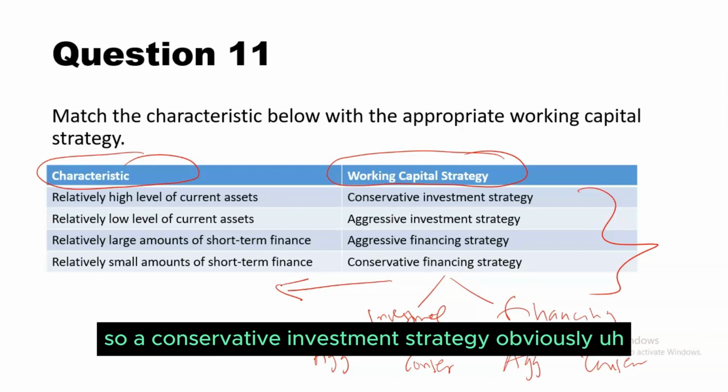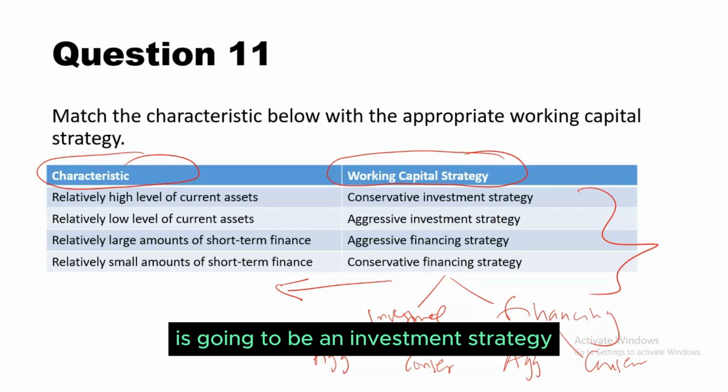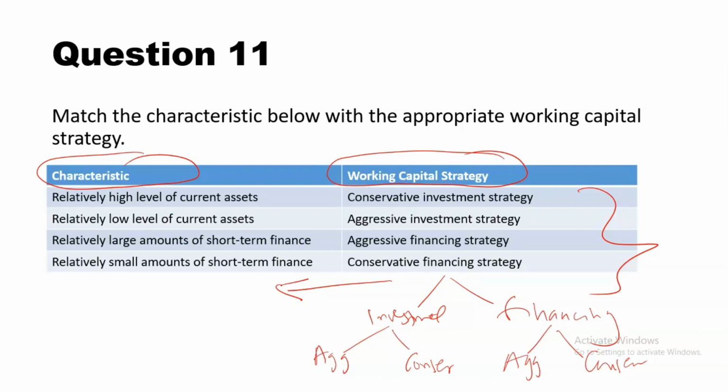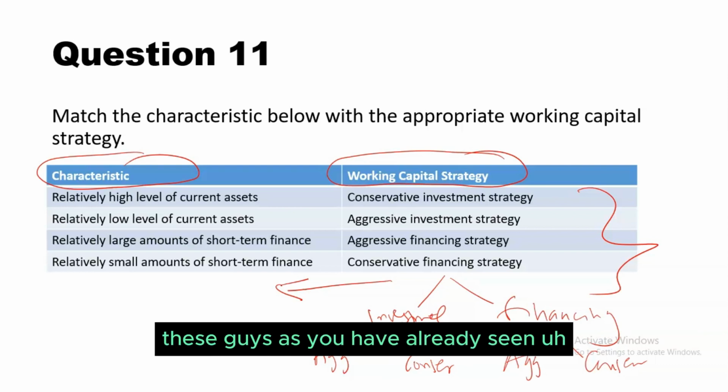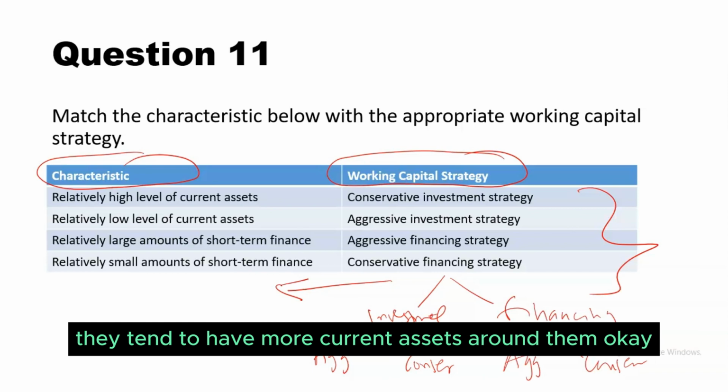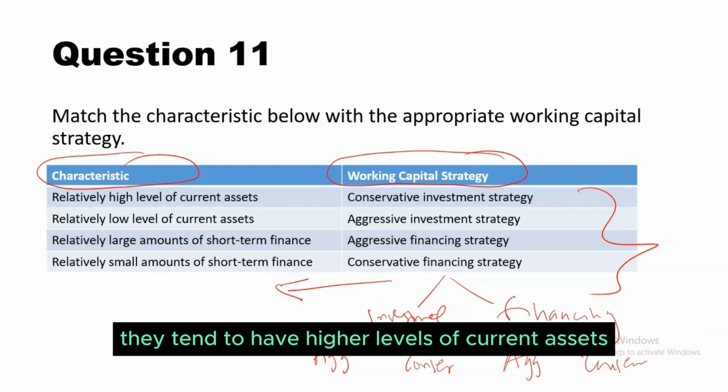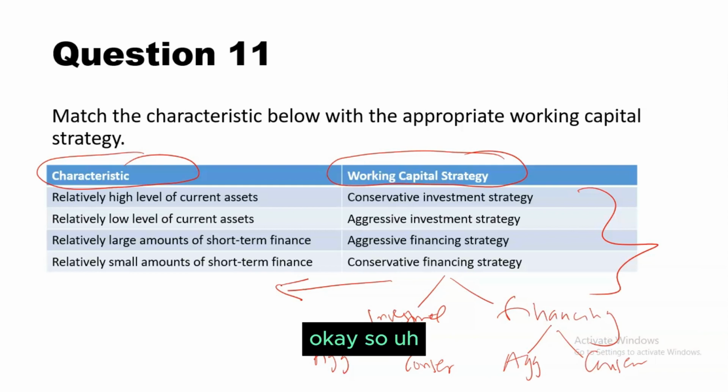A conservative investment strategy obviously is an investment strategy that doesn't want to take much risk. In that context, as you have already seen, these guys tend to have more current assets around them, so obviously higher levels of current assets.